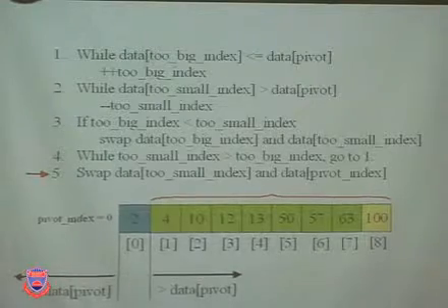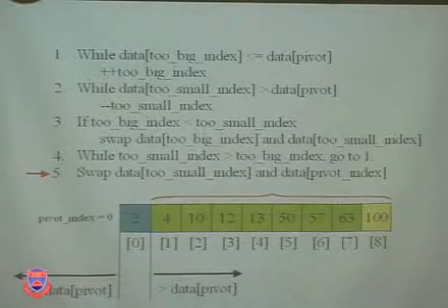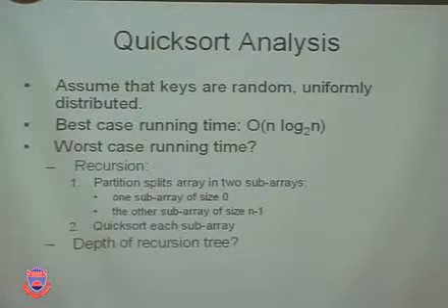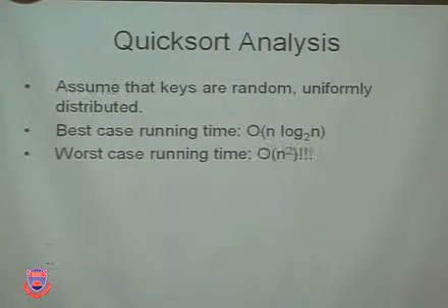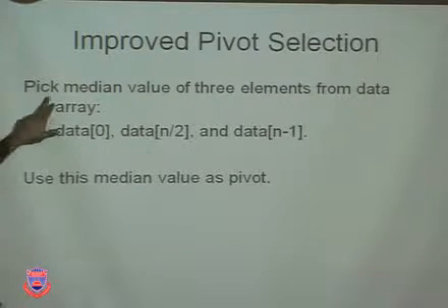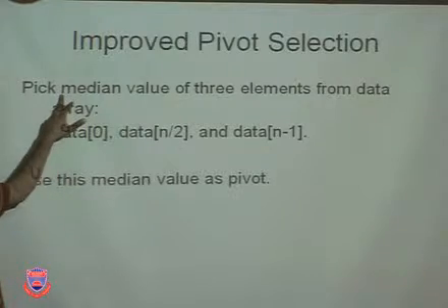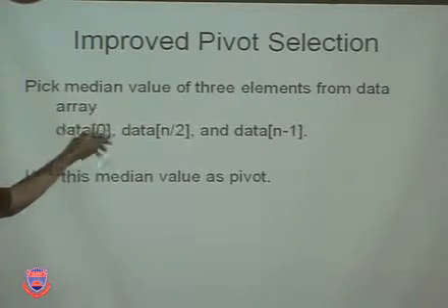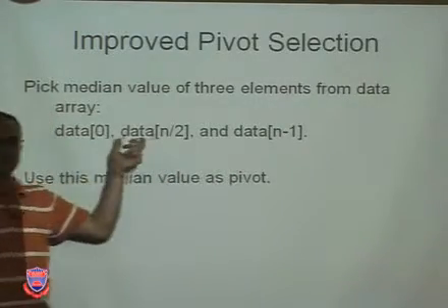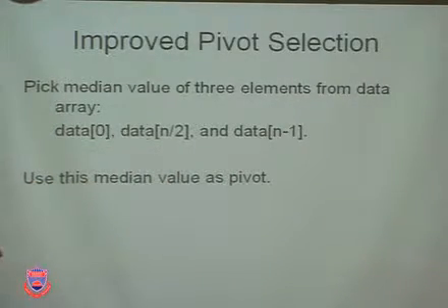So to get rid of this behavior, they have tried several heuristics, and basically they use selecting the pivot as the median of three elements: the first element in the array, the last one, and the middle one. They select whichever is the median of all three elements as the pivot element.